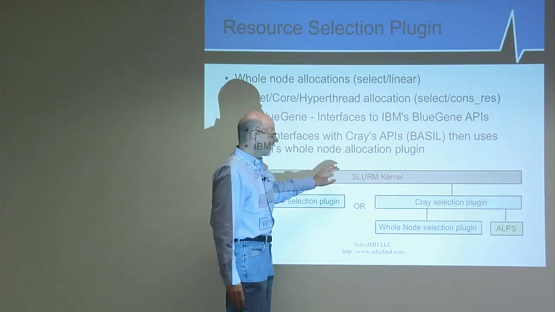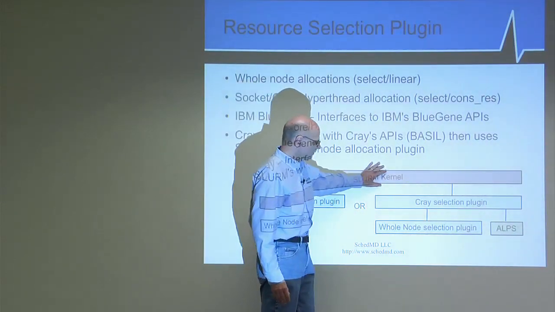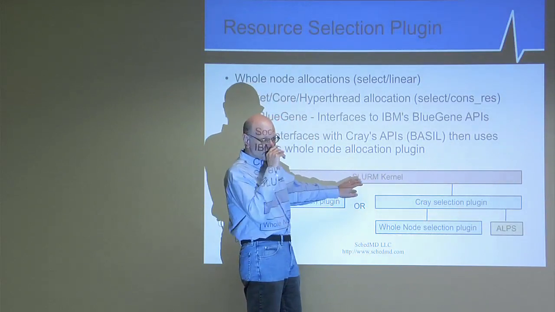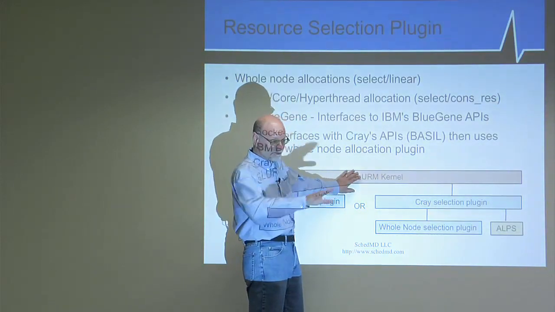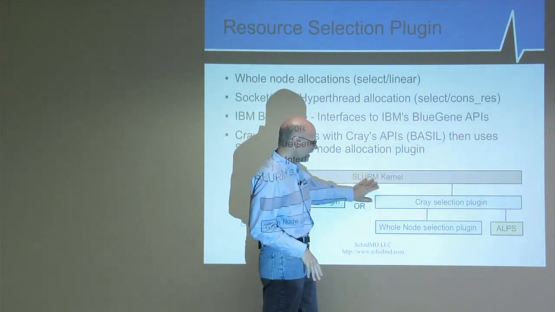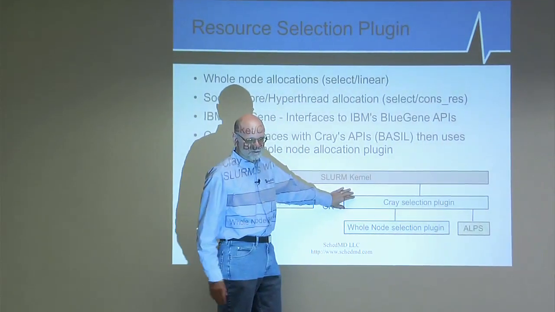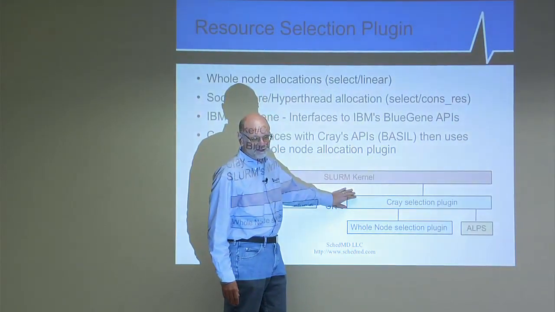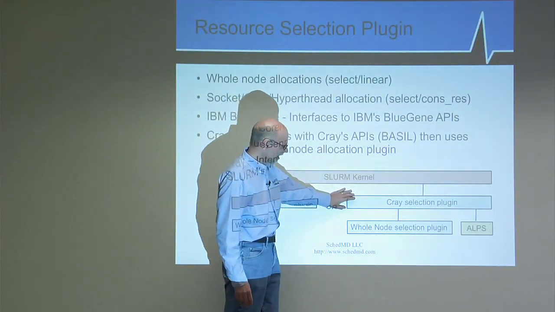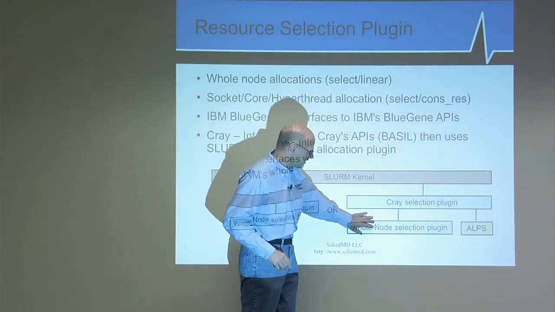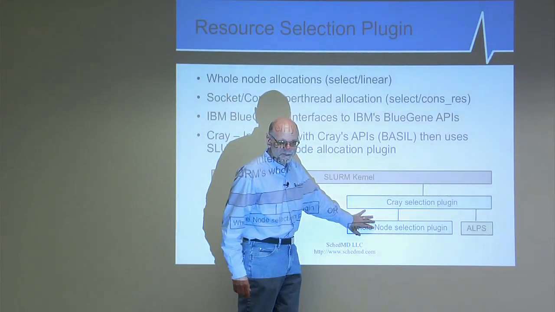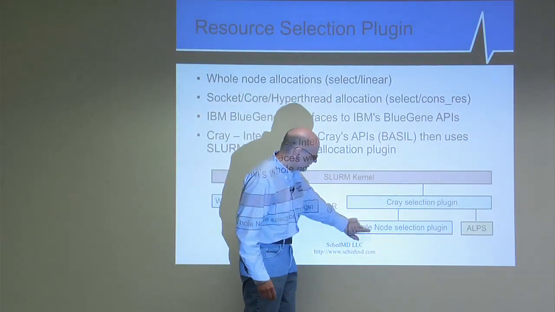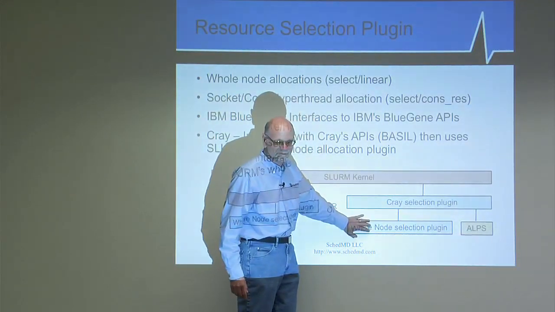What happens actually is the Slurm kernel, in its configuration file, says use the Cray selection plugin, and the Cray selection plugin says, well, I need to allocate whole nodes to the job, so I am going to internally use this plugin, and it in turn loads this plugin.